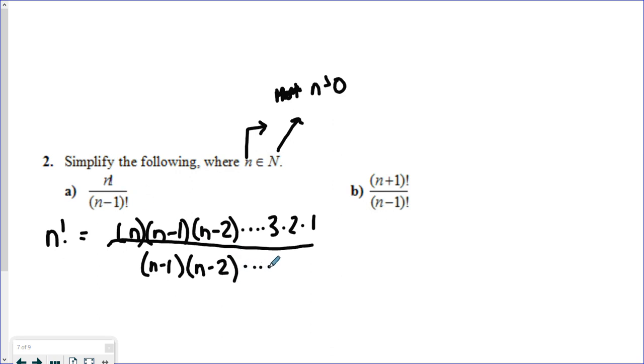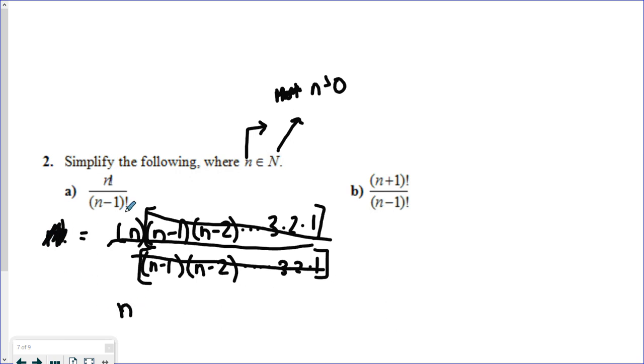And that would go all the way down to 3 times 2 times 1. So just like I had above when I had that 12 factorial divided by 10 factorial, we have this same series of factors divided by this. So we can just cancel that out. And so what we're left with is n. So n factorial divided by n minus 1 factorial is equal to n.